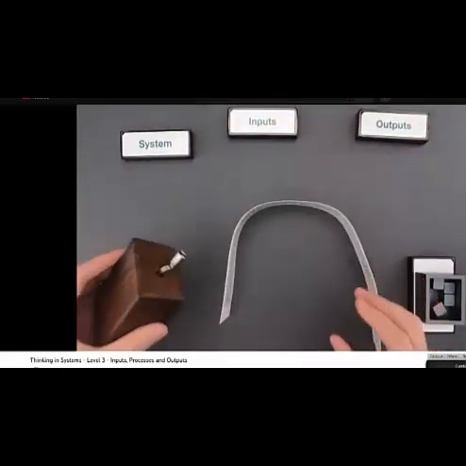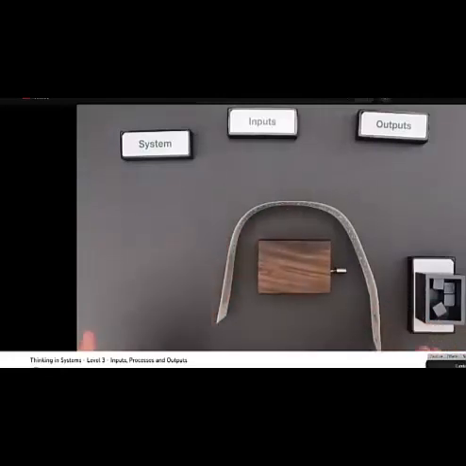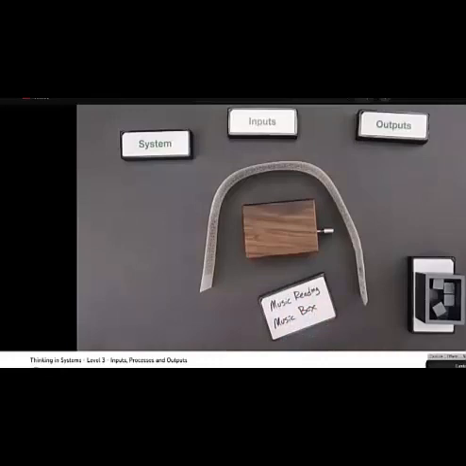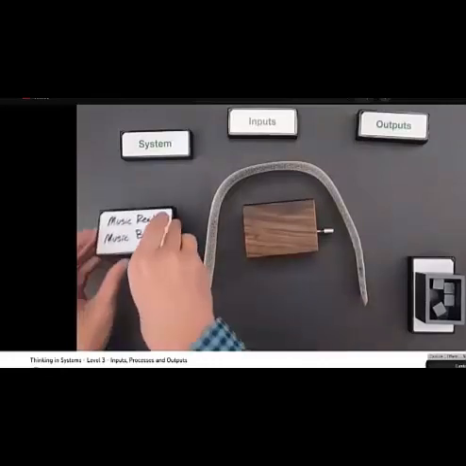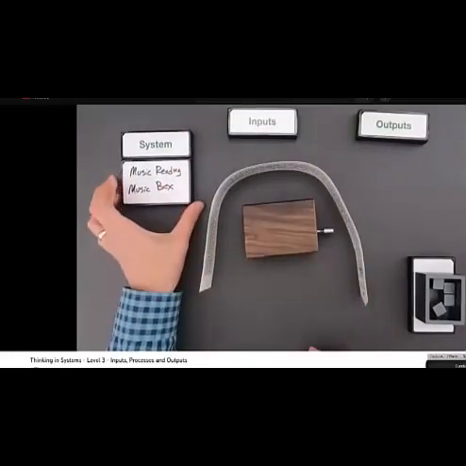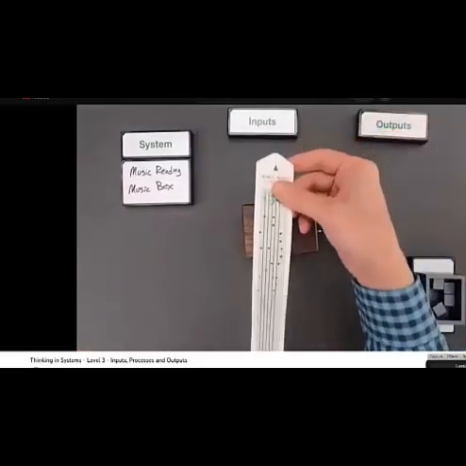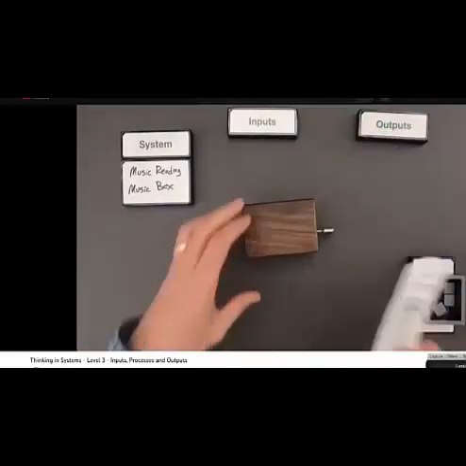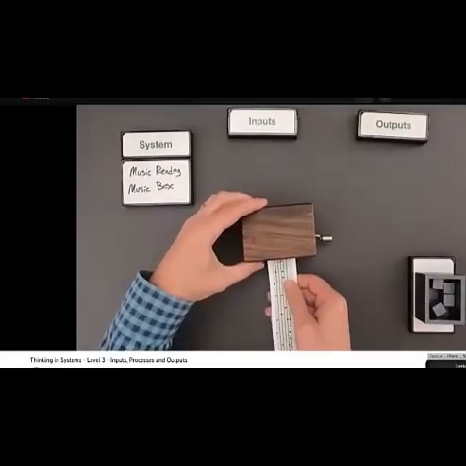And so the first thing we should always define is the system. In this case, the system we're going to investigate is the music reading music box. This has some music. The music is just paper with holes punched out of the song Twinkle Twinkle Little Star. So let's see what this sounds like.